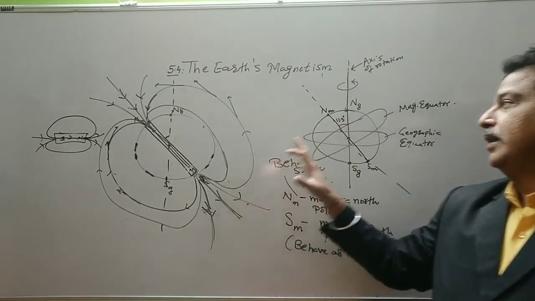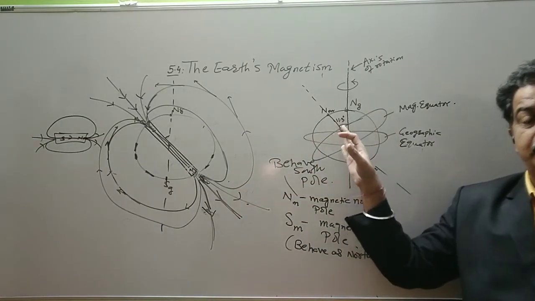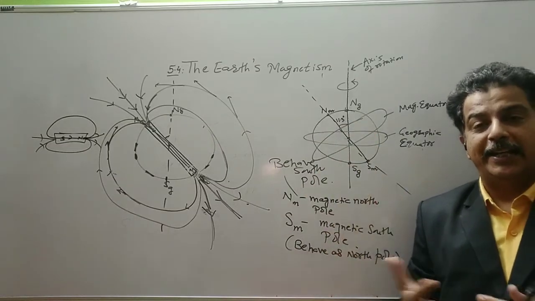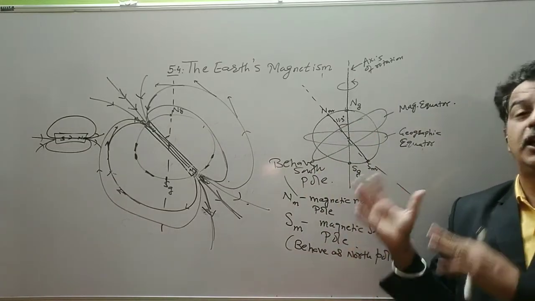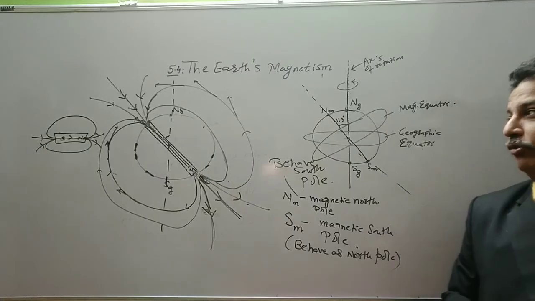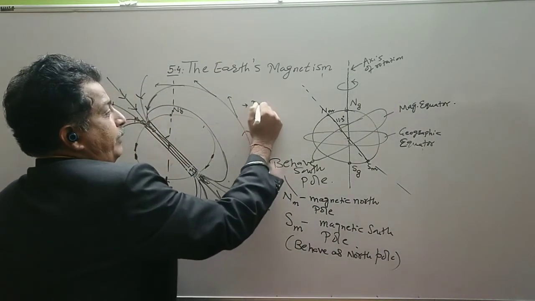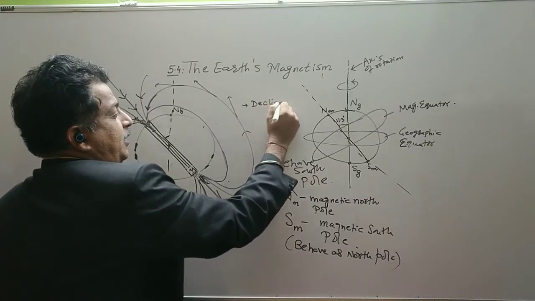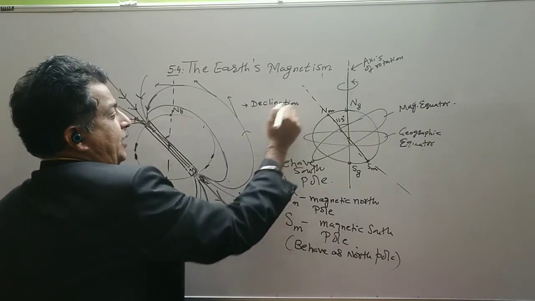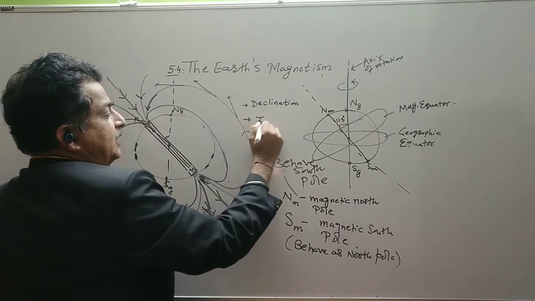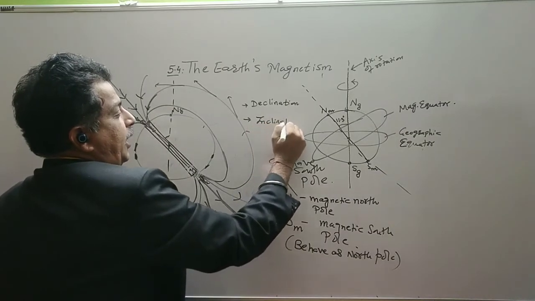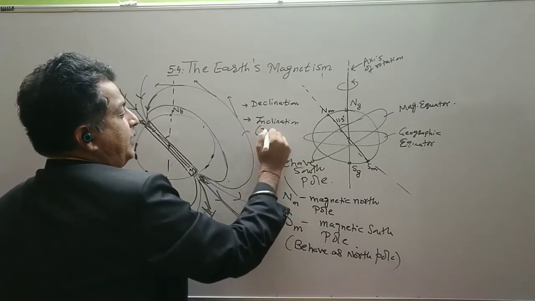Because it is tilted, we have different elements related to earth magnetism. We have two elements related to the magnetism, which we will discuss in the next lecture. One is declination and one is inclination. Inclination is also known as the dip angle.